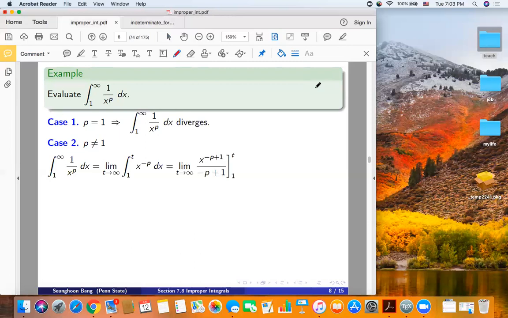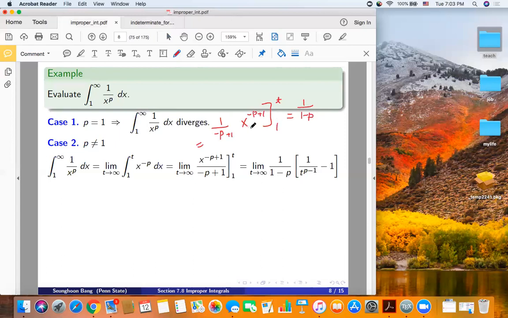You can use the power rule: x to the minus p plus 1 over negative p plus 1, from 1 to t. You can factor out 1 over 1 minus p.